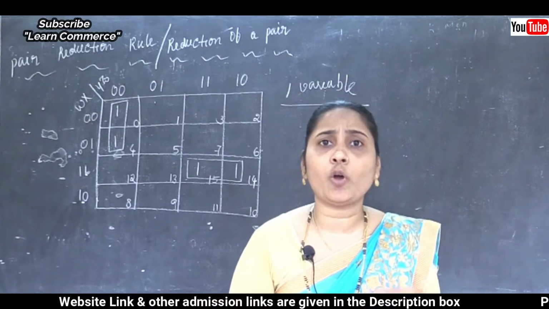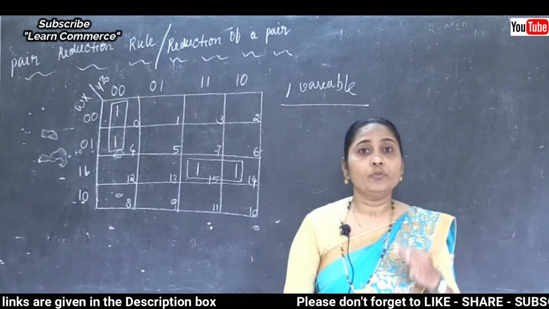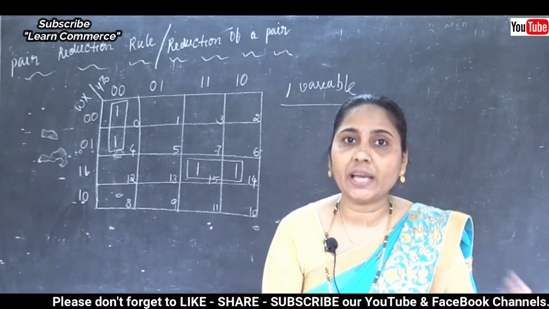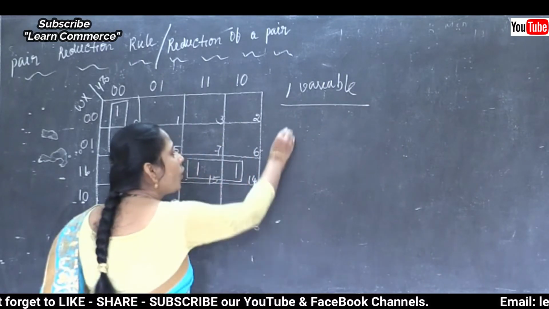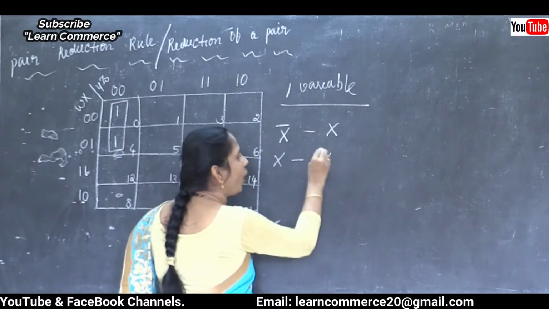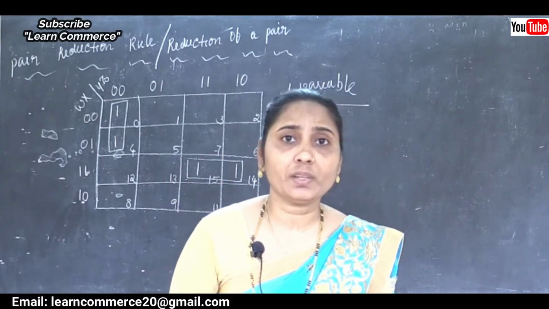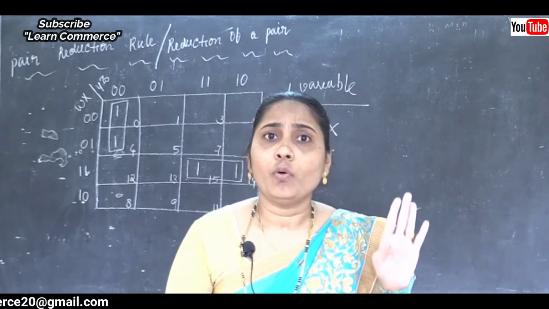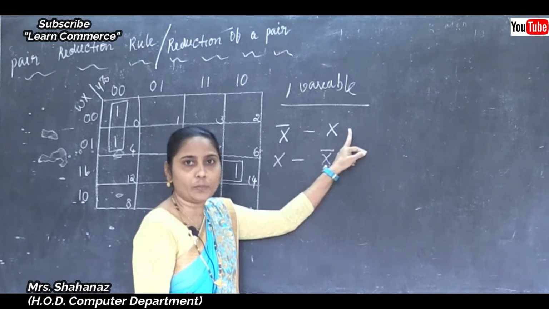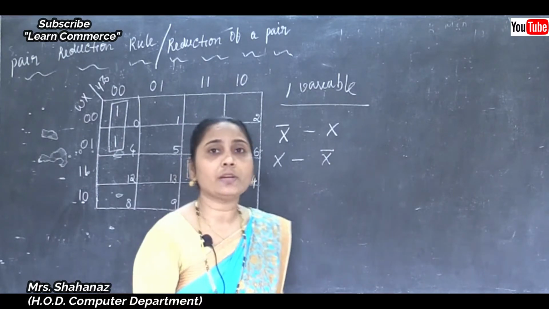Which kind of variable does it remove? It removes the variable which changes its state, that is from complemented to uncomplemented or uncomplemented to complemented, in simple words vice versa.